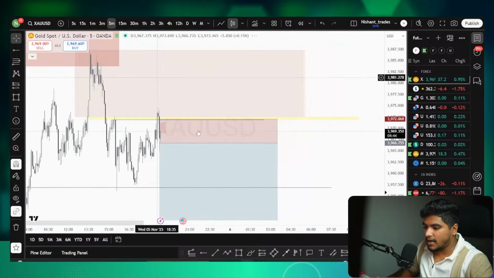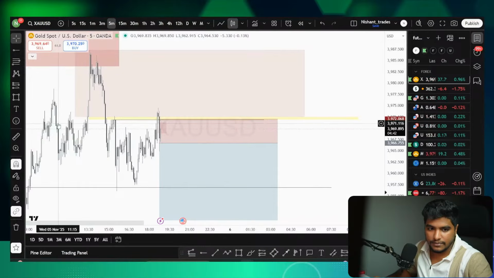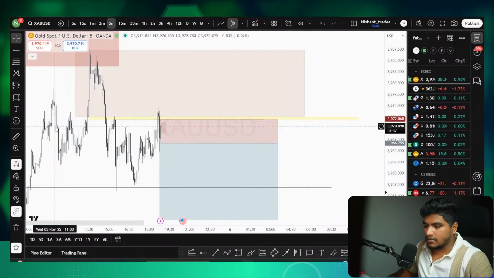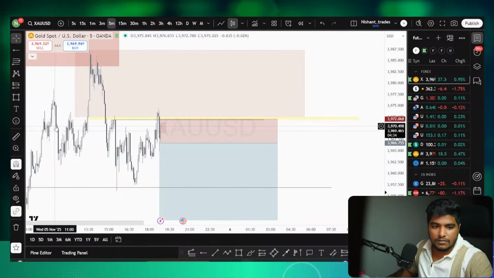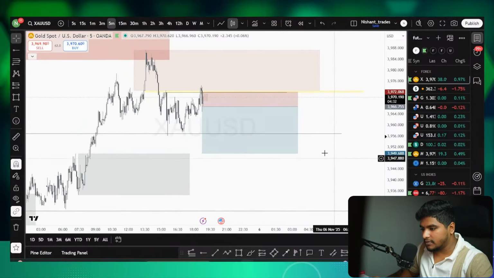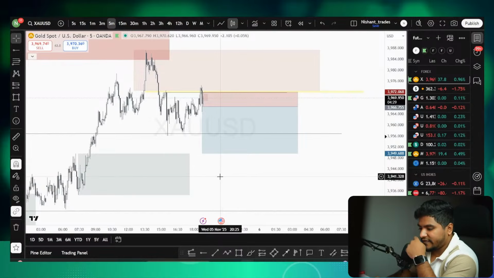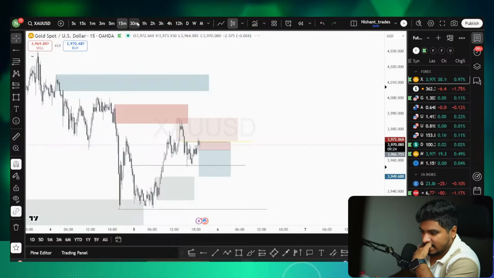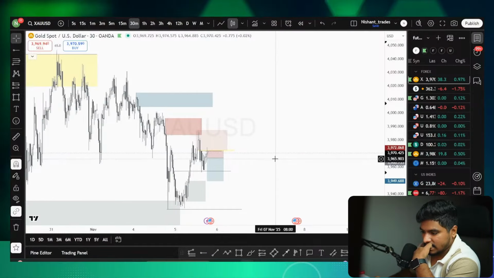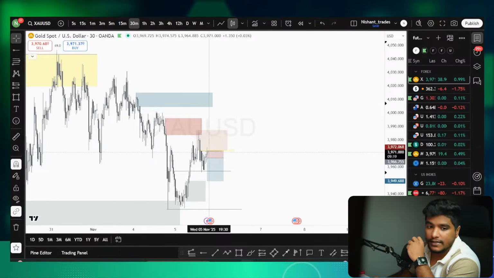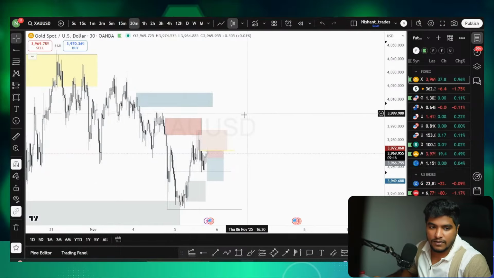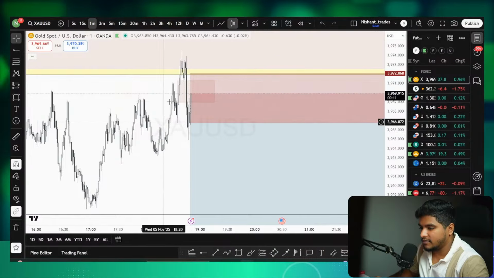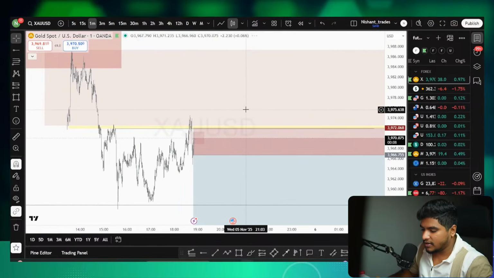And as I said, there is demand here, so it can hold. I am holding. If this fails, I will be done with gold. The intention of executing longs was: if this is a liquidity hunt and prices are selling aggressively, then definitely this is a great trade to execute.